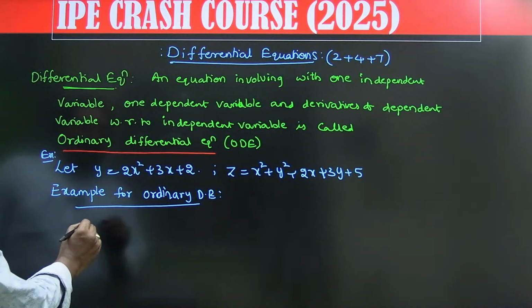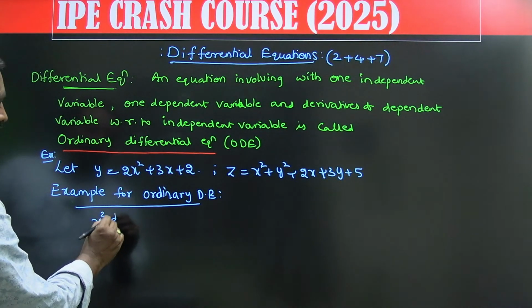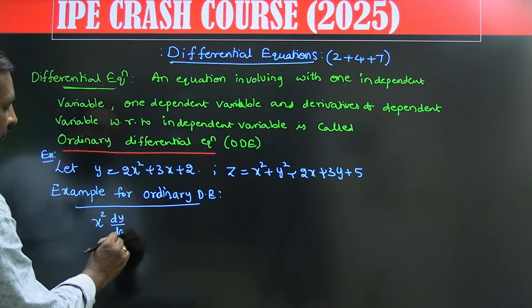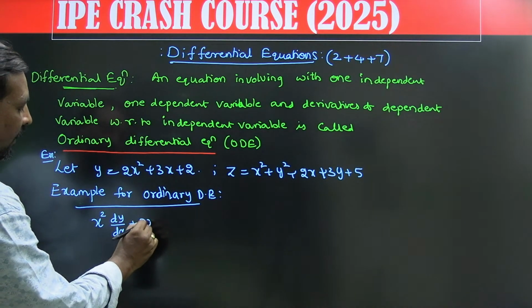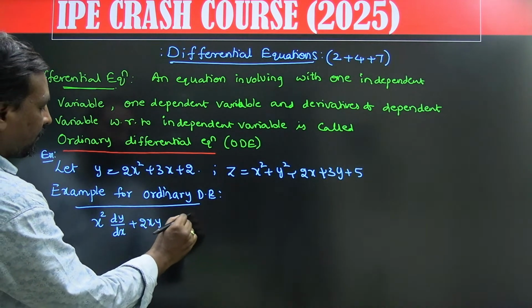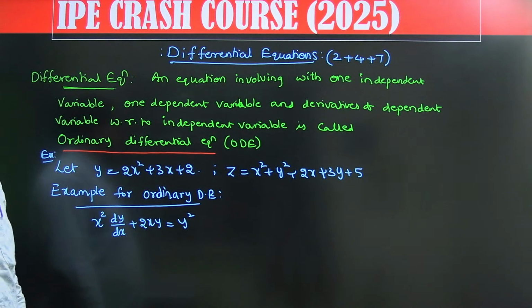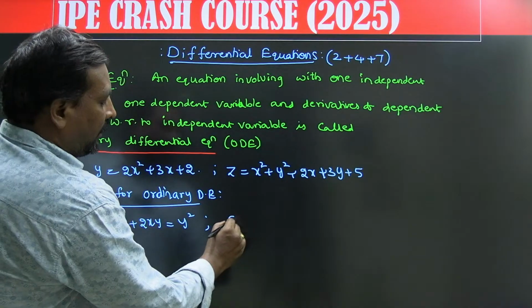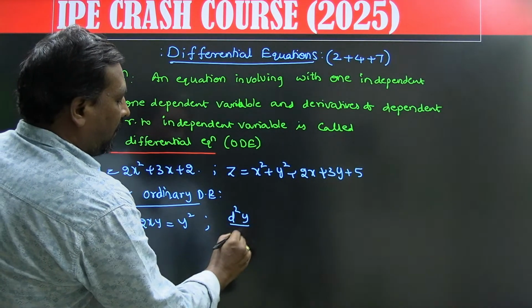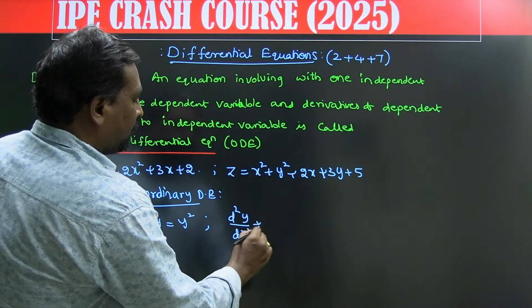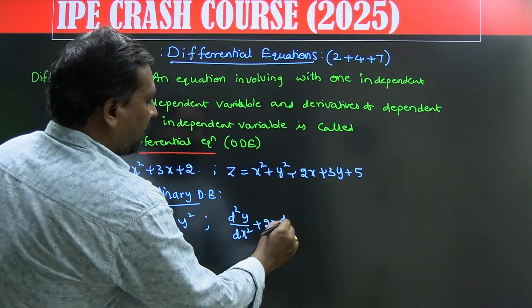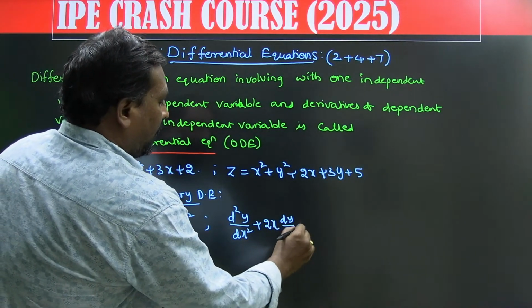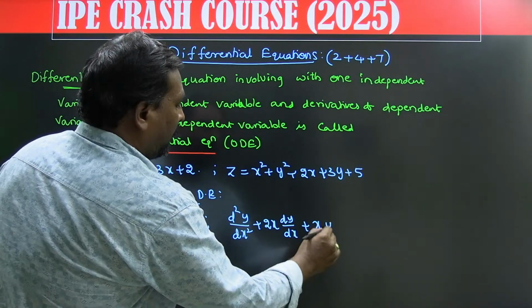It is x square into dy by dx plus 2xy is equals to y square. It is one example. Another: d square y by dx square plus 2x into dy by dx plus x into y is equals to 0.